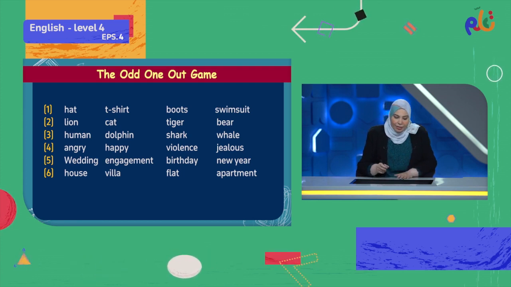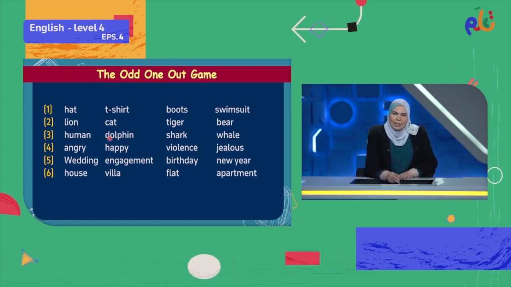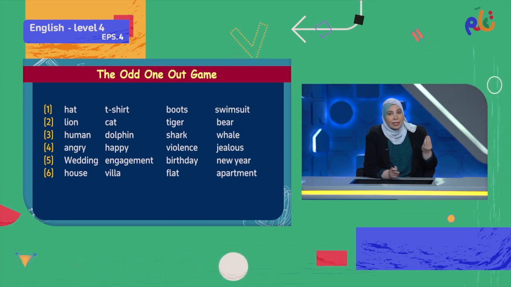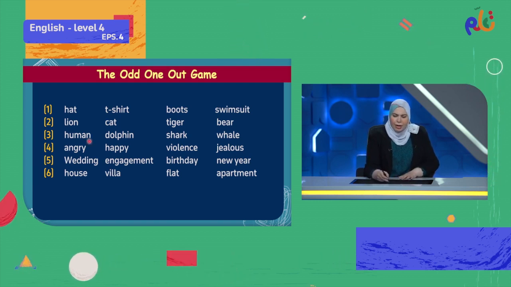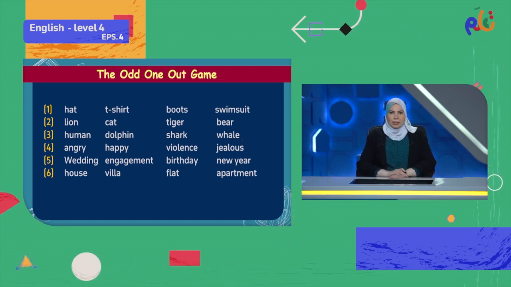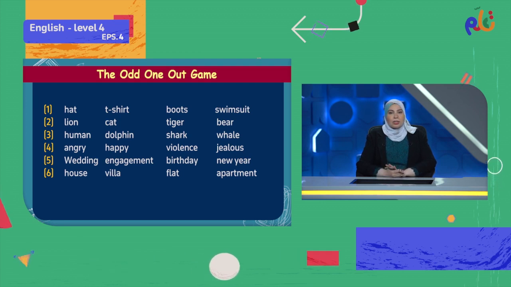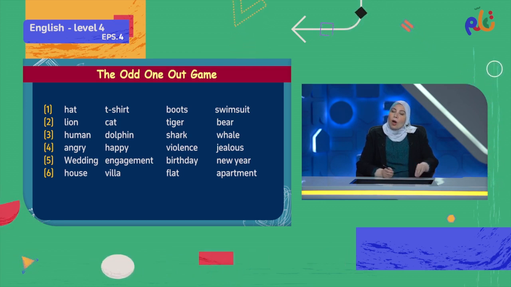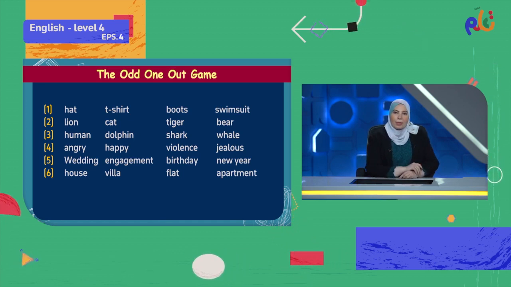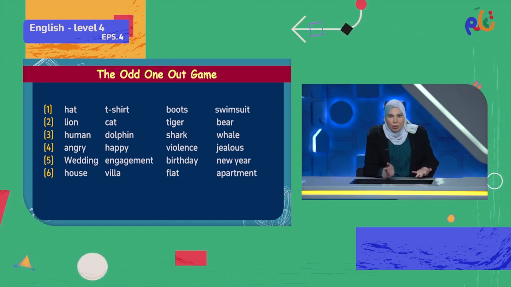The obvious answer is happy, because happy is something positive, while angry, violence, and jealous are all negative things. So the first option is to choose happy. And this is the obvious and the easy one.